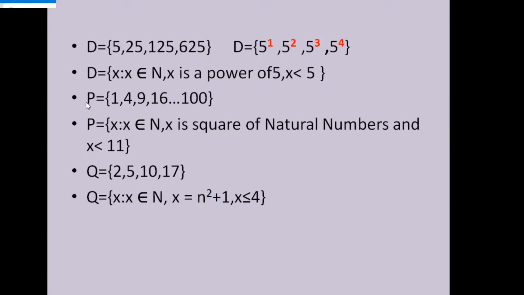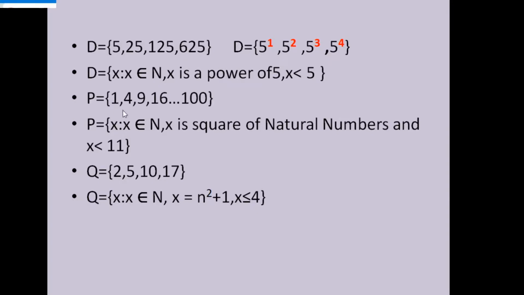One more example. Set P is equal to 1, 4, 9, 16 and so on up to 100. So here also we have to find first what is the common property among these elements in the set. We can say by seeing them that they are squares of natural numbers.